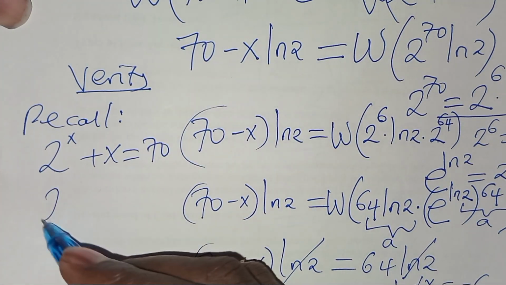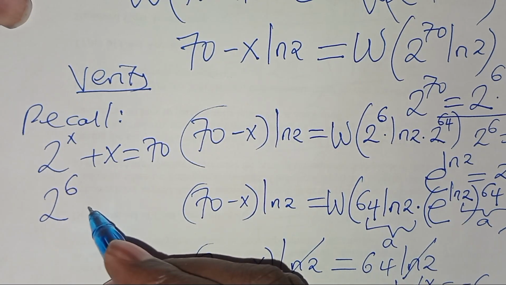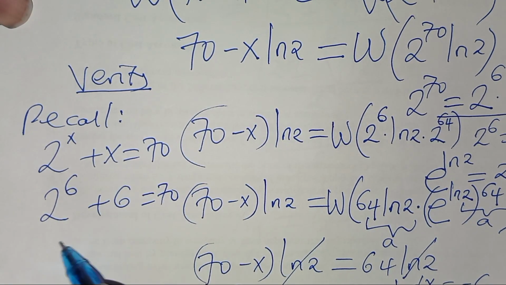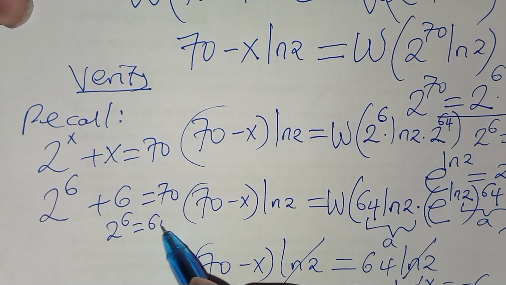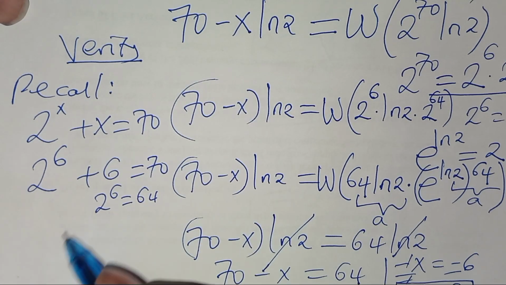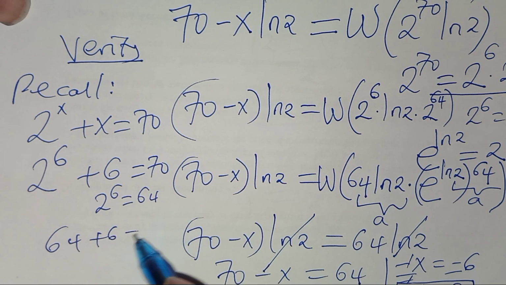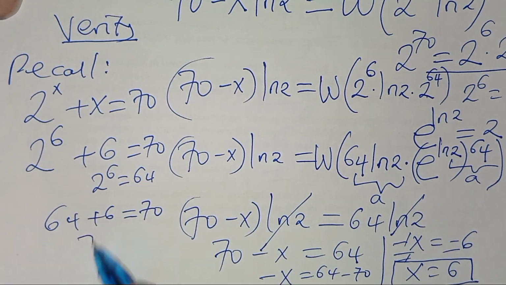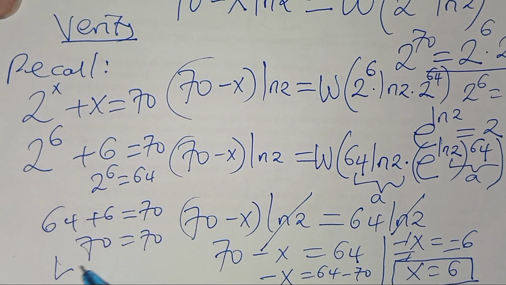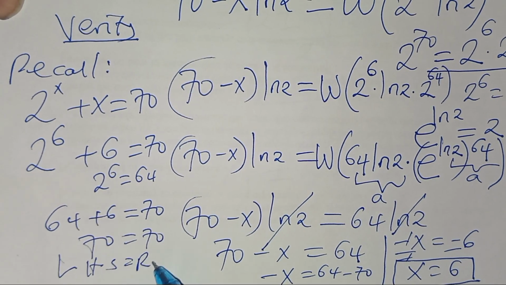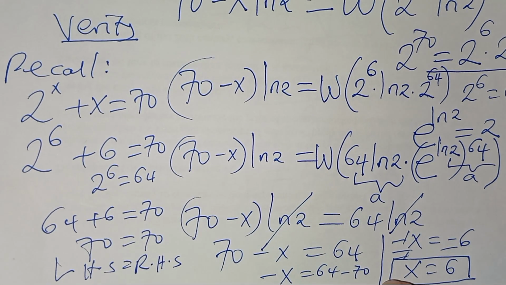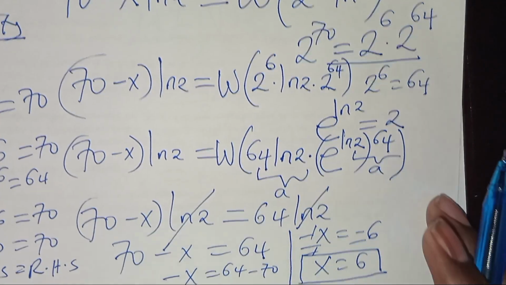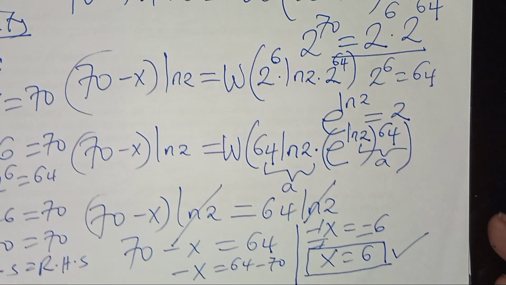So this is 2 to the power 6 plus 6. 2 to the power 6 is equal to 64, so now you'll have 64 plus 6, which is equal to 70. So now you have 70 is equal to 70, which means the left-hand side is equal to the right-hand side. And that affirms that the value of x, which is equal to 6, satisfies the equation.